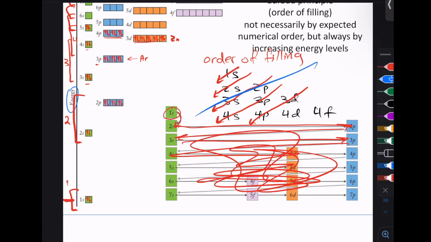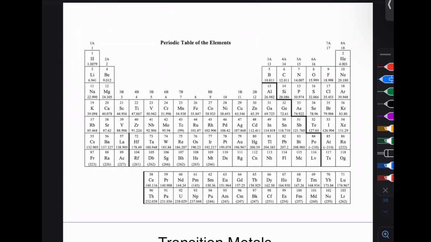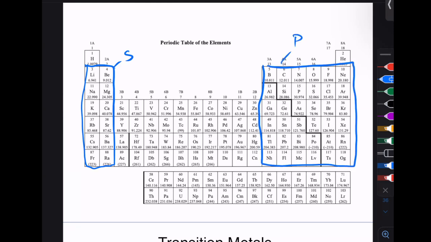I've already shown you a really great way to think about this, where you don't have to remember any kind of fancy diagram that you have to set up and draw arrows through. You've got the periodic table, and you know how it's organized based on quantum theory. All you have to remember is that the s block is over here, the p block is over here. Now the d block is here, okay?